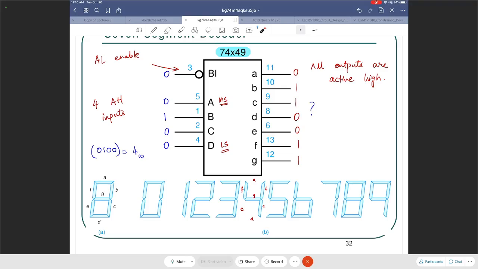Now, a related question is, what happens when the input provides this? What happens then? 1010. What do you think should happen?